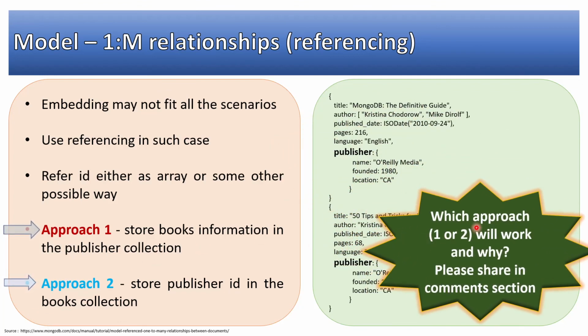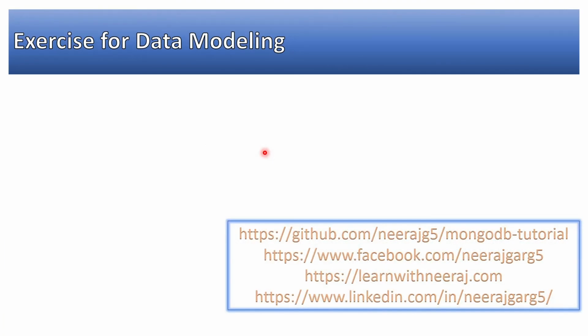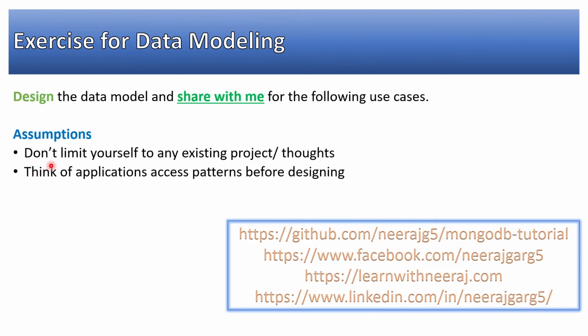Now a question for you: which approach do you think will work and why? You will have to work on those use cases, think on those, and share with me on my different social platform channels. It could be GitHub, Facebook, my website, LinkedIn as well. Assumption: don't limit yourself to any existing project or your thoughts.